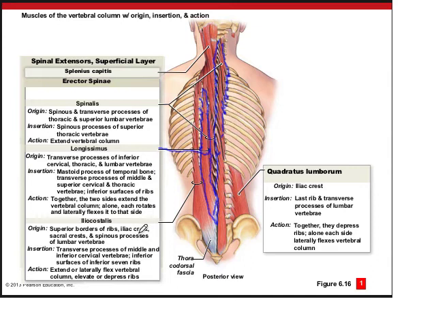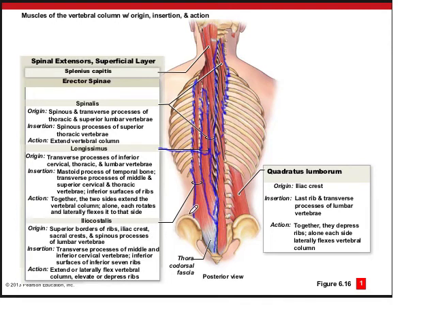The iliocostalis is shown here. You can see the insertions back here. It runs from the ilium to the costal ribs. Origins are on the superior borders of the ribs, the iliac crest, the sacral crest, and the spinous processes of the lumbar vertebrae.